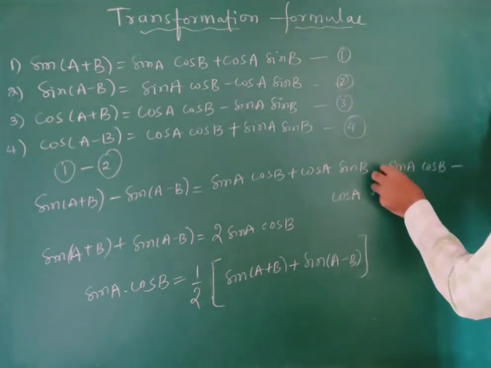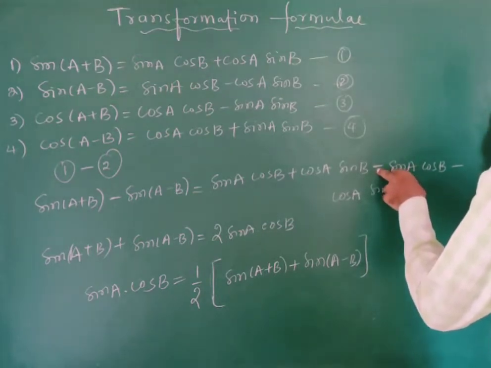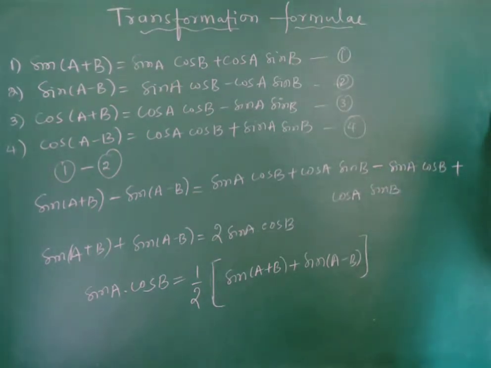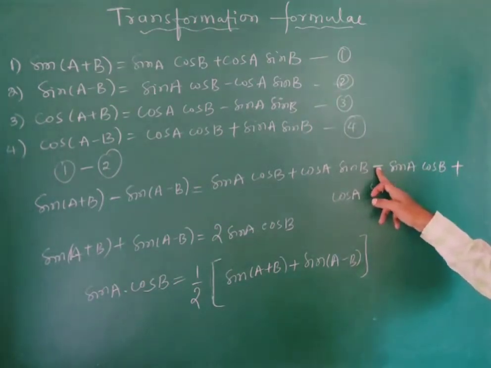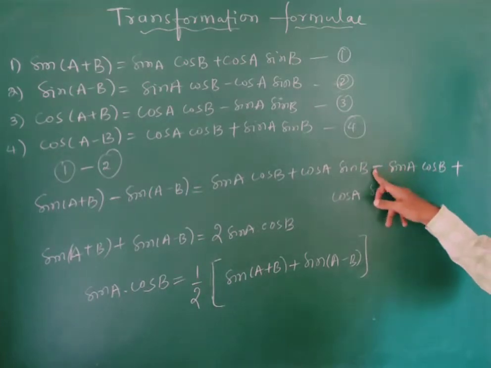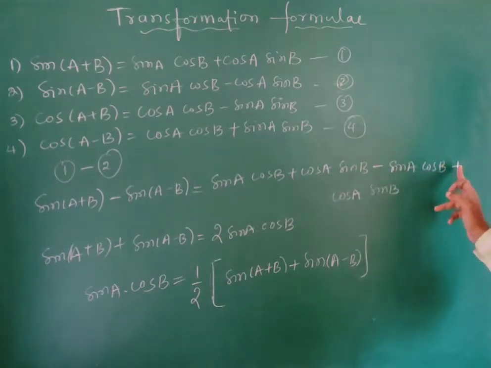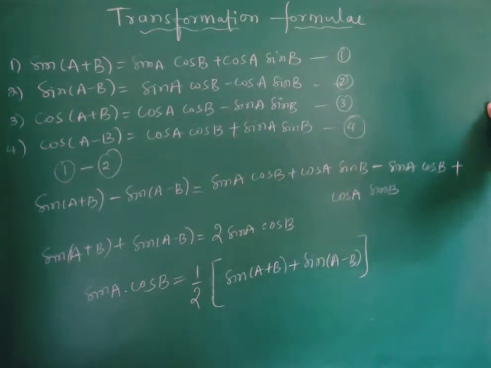This sign is minus, right? If it is minus, this becomes plus after multiplying inside. Minus is a common term. If minus is multiplied inside, minus sin A cos B, and minus minus gives plus cos A sin B. Here what we get?